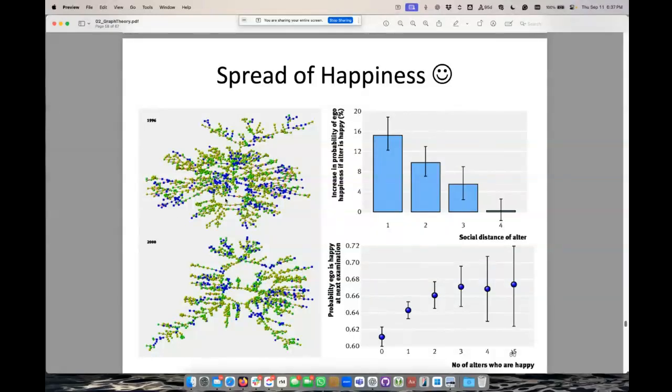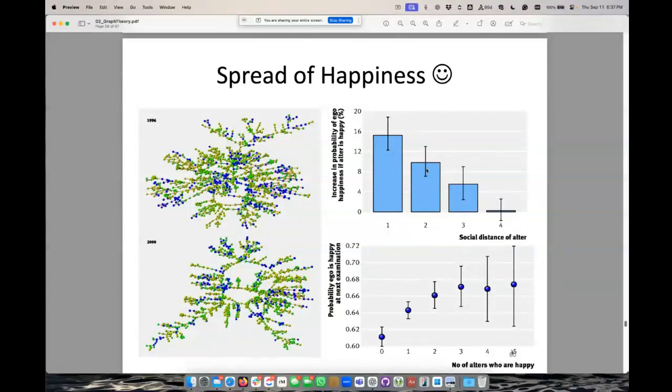So just by looking at this network, they found that people who are one hop away, like the distance from the alter, if it is just one hop away, then they have the strongest impact on your happiness, right? So if your friends or direct connections, your neighbors, are happy, then the chances are that you will be happier.